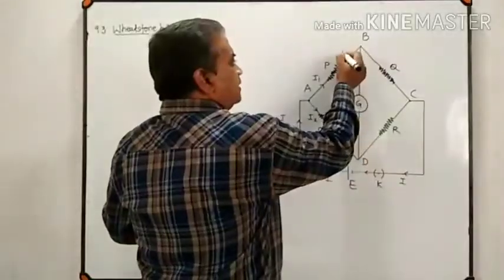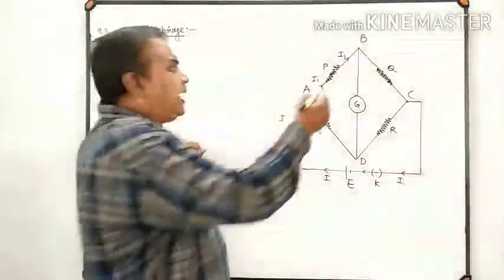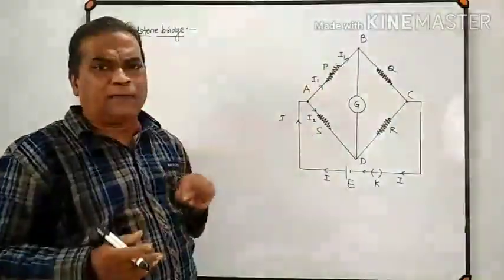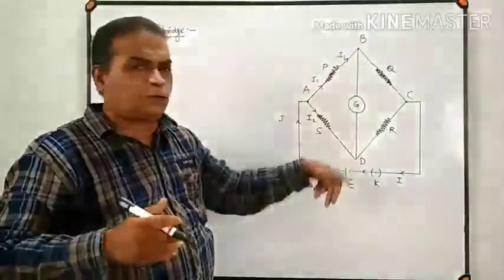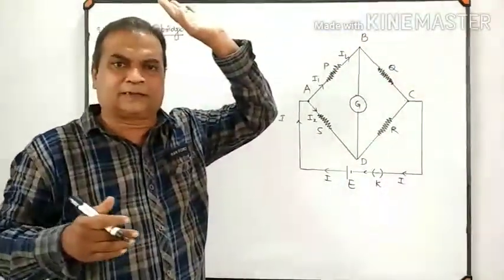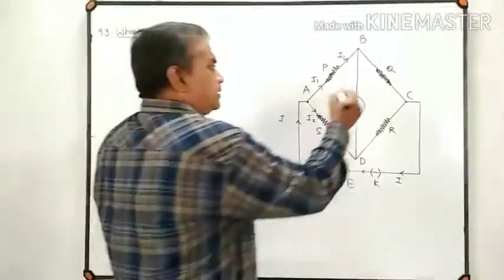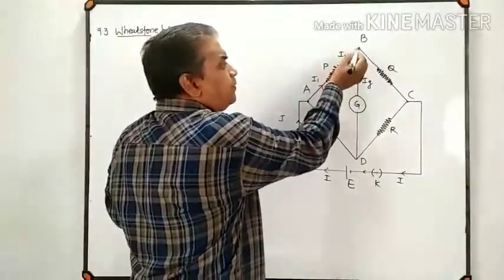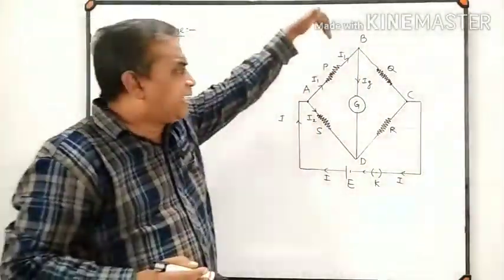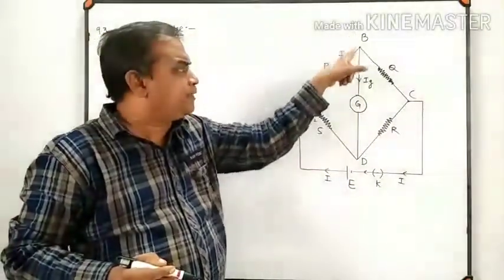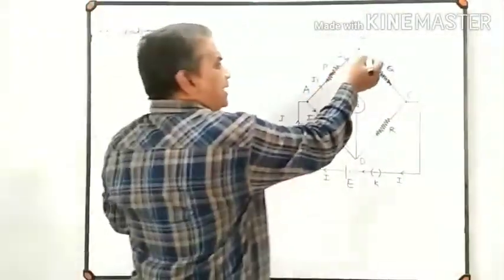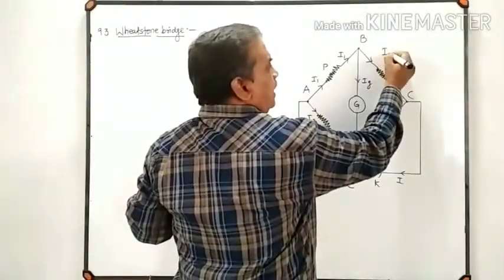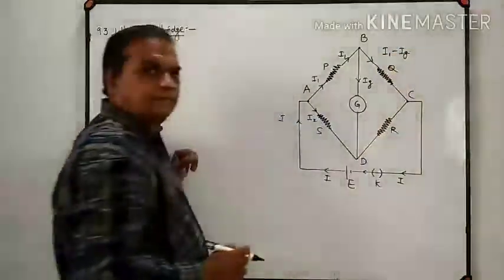When current I1 reaches junction point B, there are two paths for that current. Some current will flow through the galvanometer, and the remaining current will flow through resistor Q. If the current flowing through the galvanometer is Ig, then the current flowing through resistor Q must be equal to I1 minus Ig.